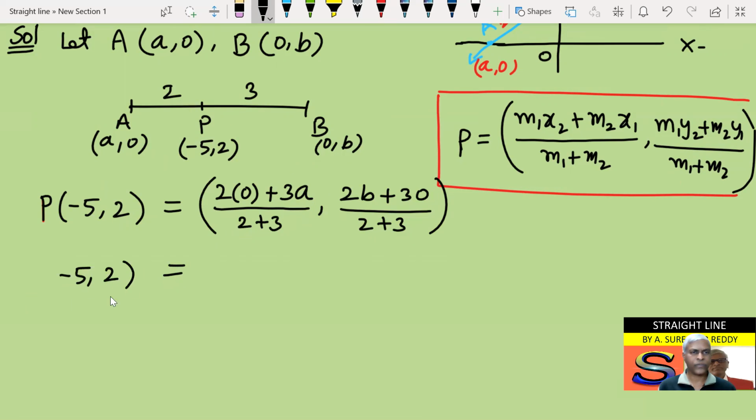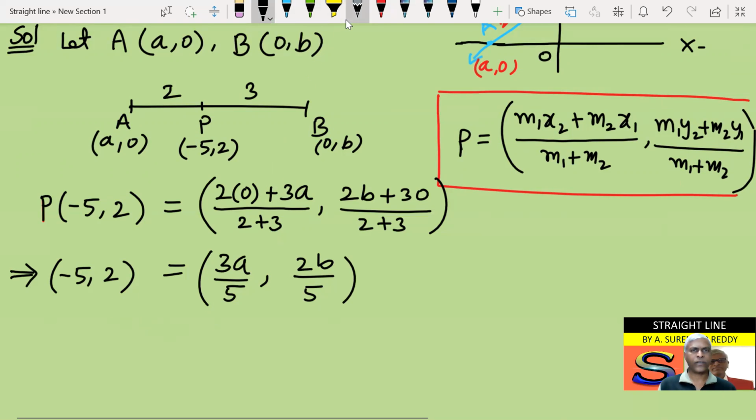So -5 comma 2, 2 into 0 is 0. This is 3a by 5, and this is 2b by 5.